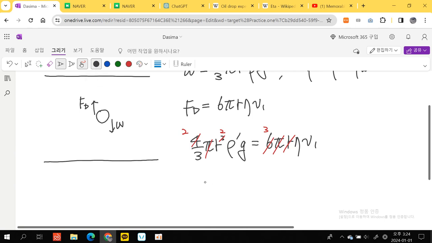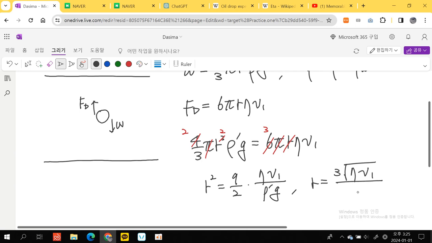So r squared is 9 over 2 times this, and if we take the square root, our radius is this expression.